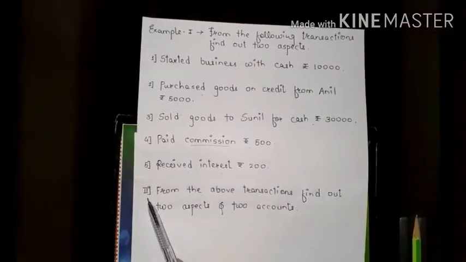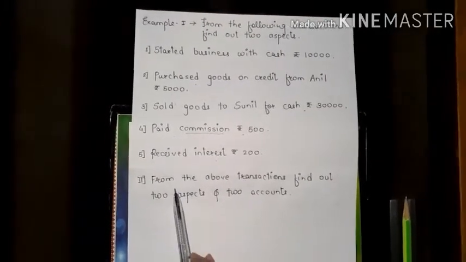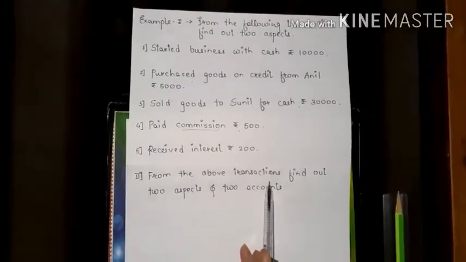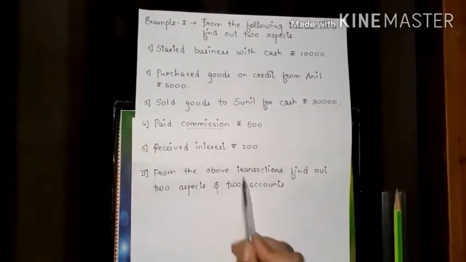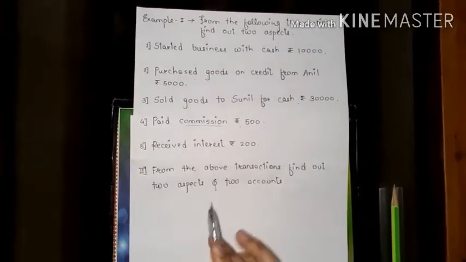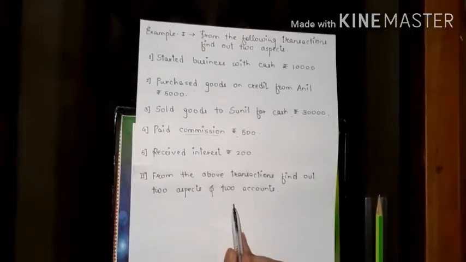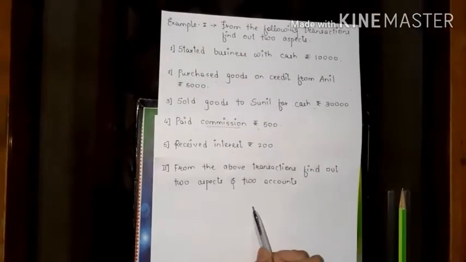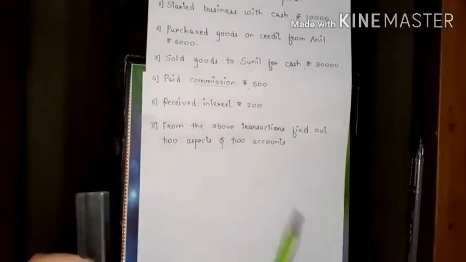Now here is the second example of the same transactions. Now what is written here? From the above transactions, find out two aspects and two accounts. Now in this question we have to find out two aspects as well as two accounts of that two aspects. Okay, so let's draw the format of it, how the format is going to be.